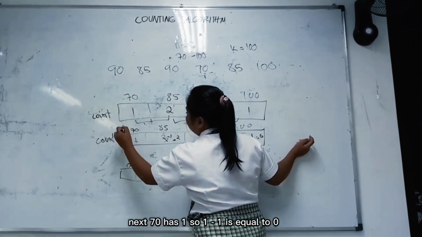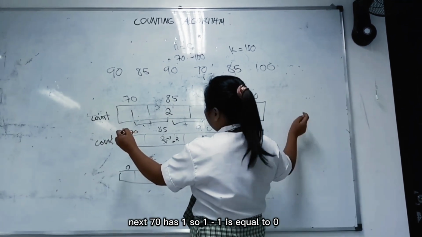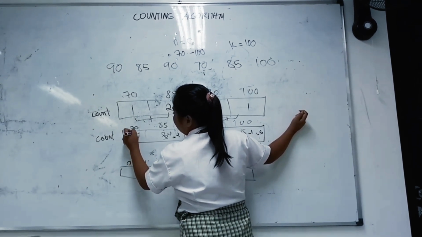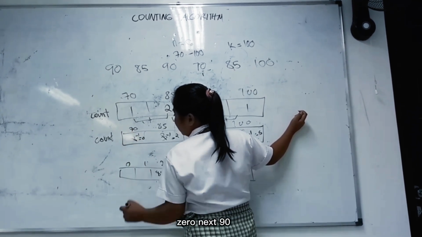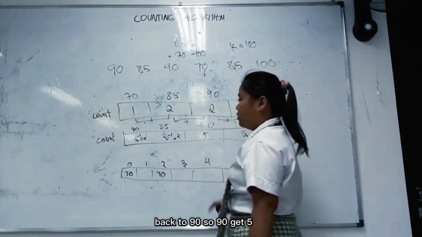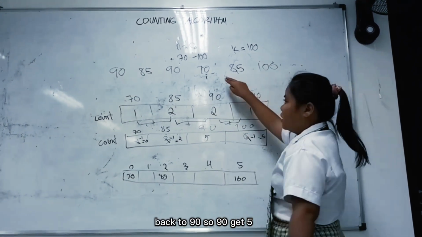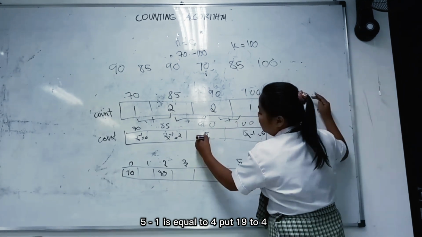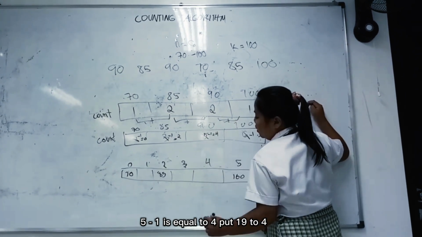Next 70 has 1, so 1 minus 1 is equal to 0. Put 70 into 0. Next 90, back to 90, so 90 has 5, so 5 minus 1 is equal to 4. Put 90 into 4.